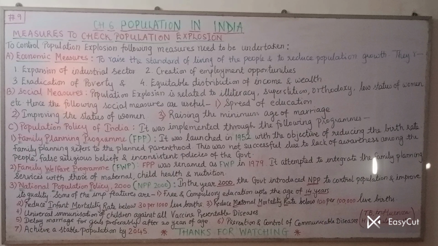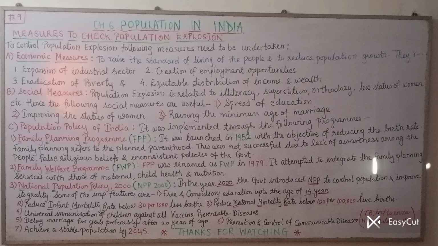So these four economic measures are taken: expansion of industrial sector, ultimately people will find more jobs; creation of employment opportunity, more income, improved standard of living; eradication of poverty, again people will get more income, they will get more education likewise.